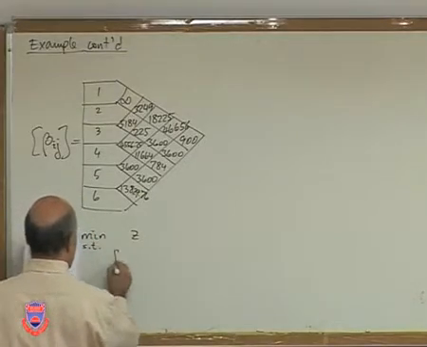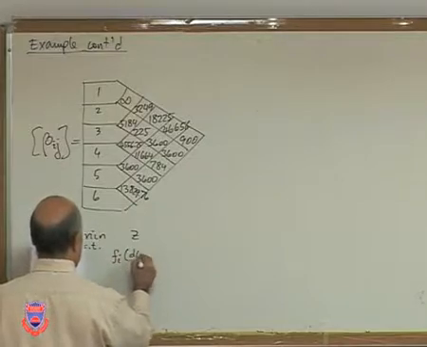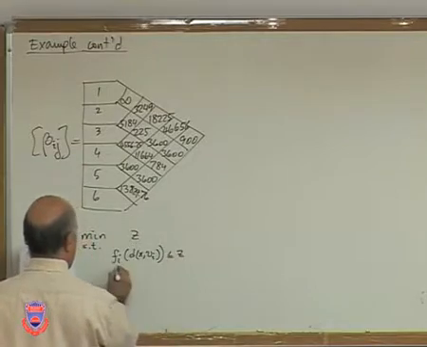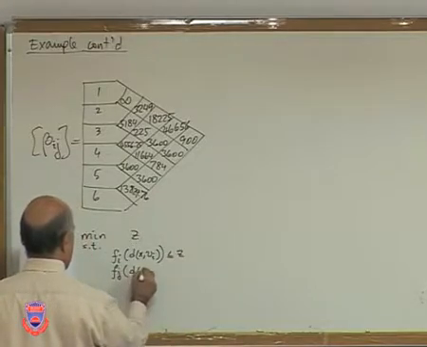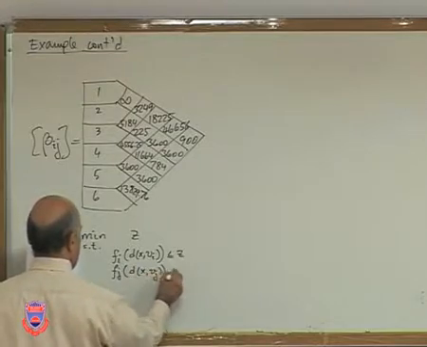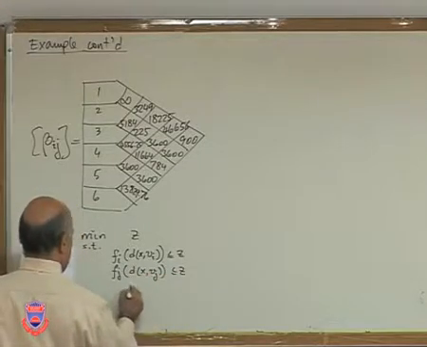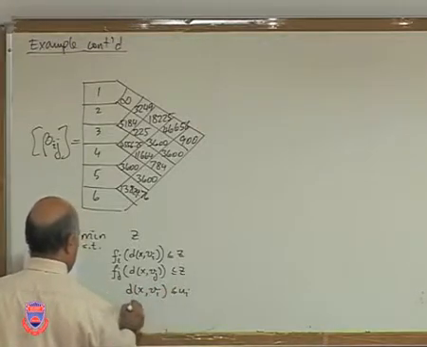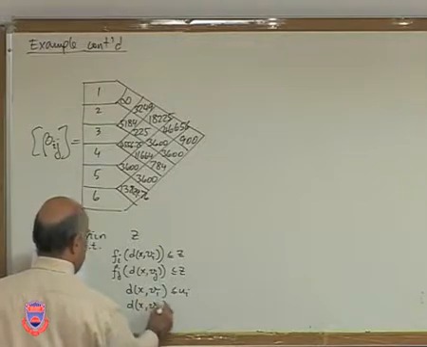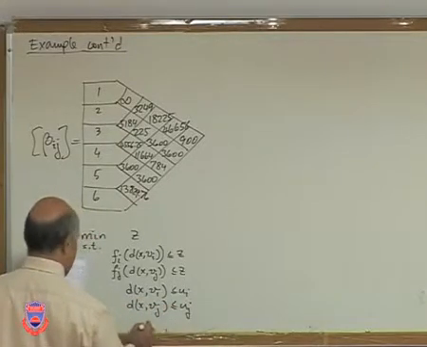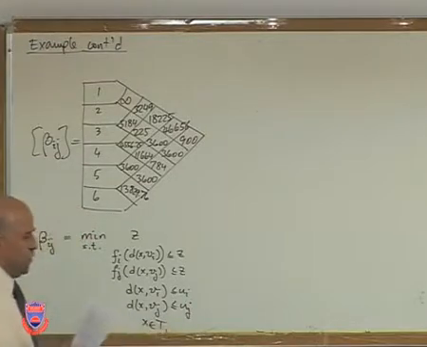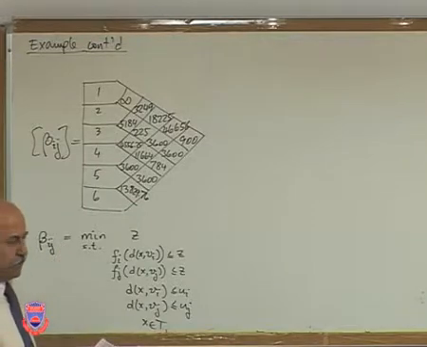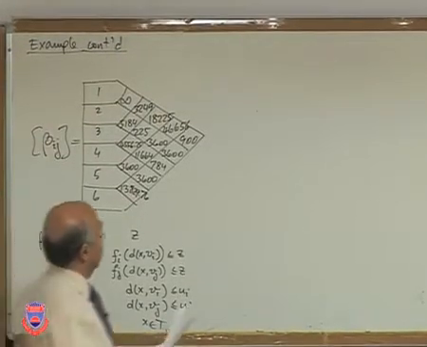You've got fi dx vi less than or equal to z, then fj dx vj less than or equal to z, dx vi less than or equal to ui, dx vj less than or equal to uj, where x is a point of the tree T. That's how you get your beta ij.